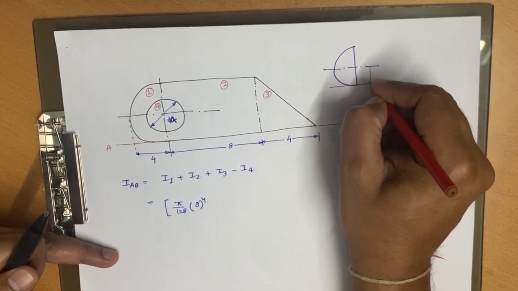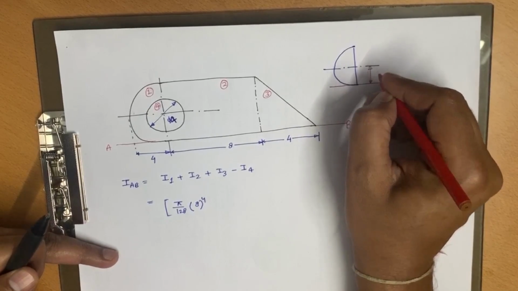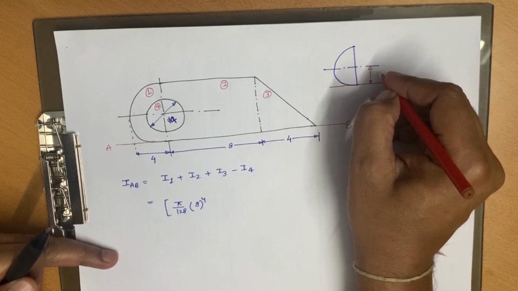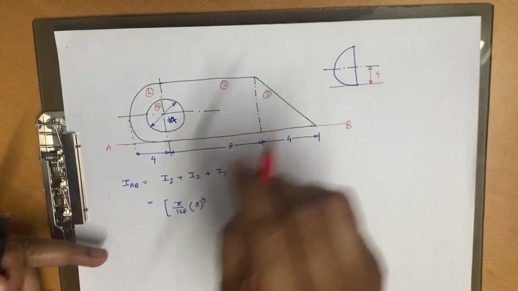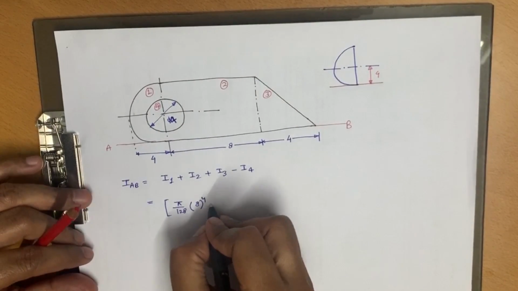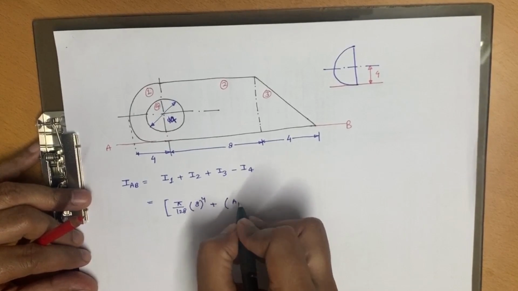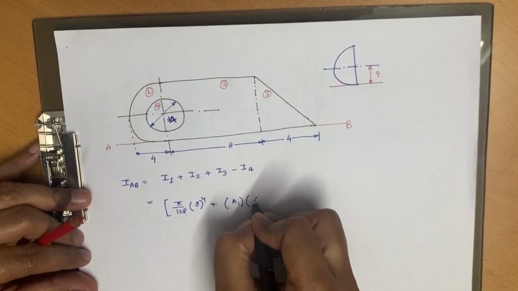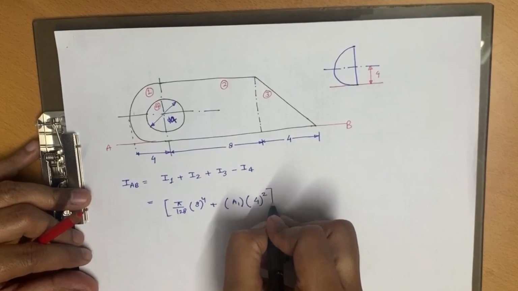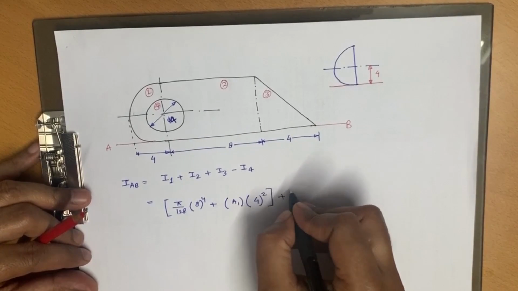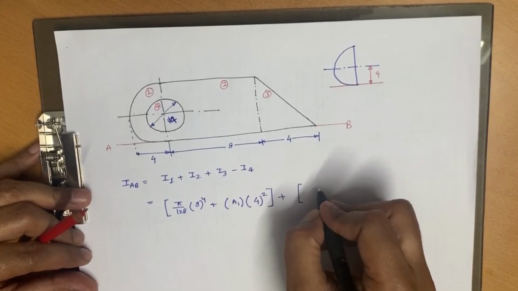And how much is this distance? It is 4. Okay. So what you will do is plus area A1 multiplied by 4 whole square.